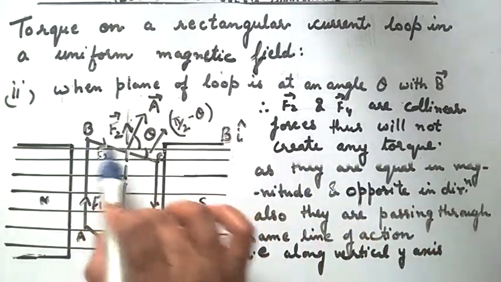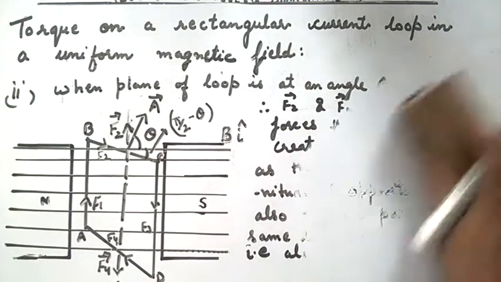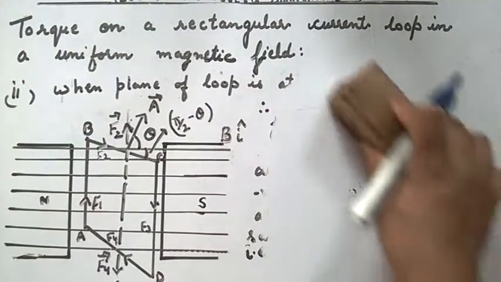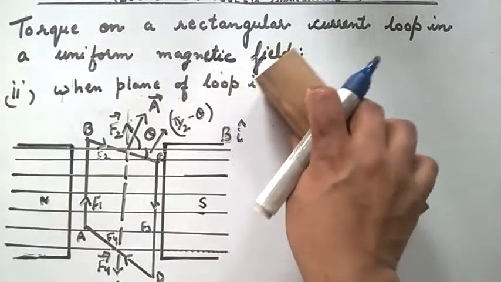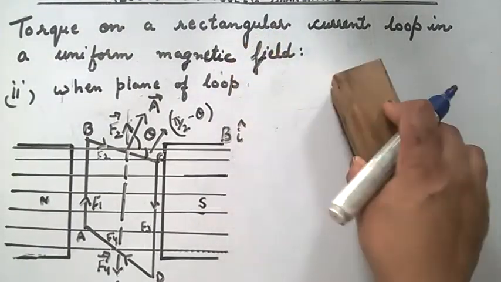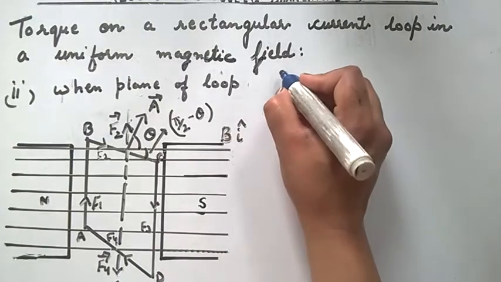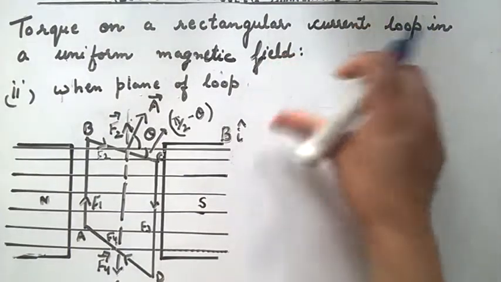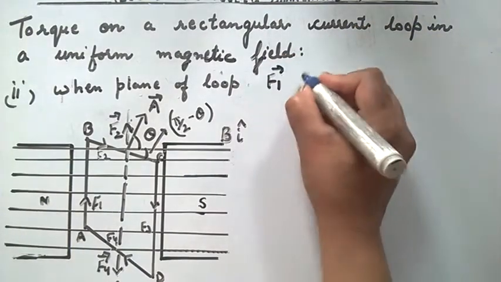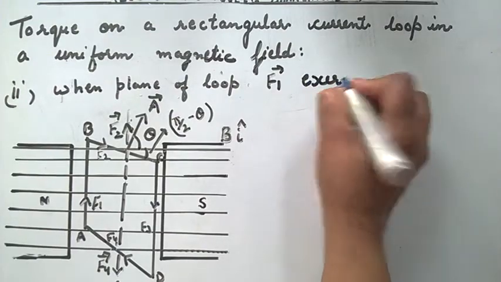Now let's see the F1 and F3 forces. The F1 force is exerted on side BA.